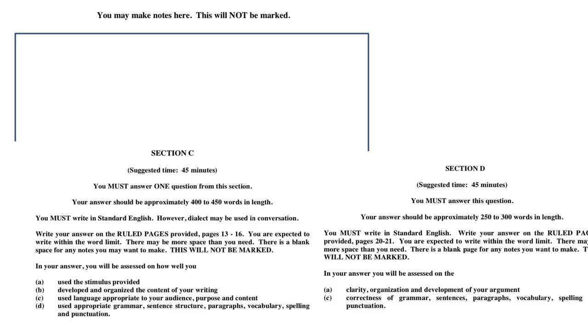And don't split up the sentence, putting a piece here and a piece there. It should be the entire thing coming one time. When you're looking at Section D, which would have been the expository piece, of course, you have to develop your argument. You have to give correct grammar, sentence structure, paragraphing, and obviously, you also have to use your connective words, all right? The limit is 300 words again, but as I said before, that's what is suggested that you do to finish or to be assessed fairly.